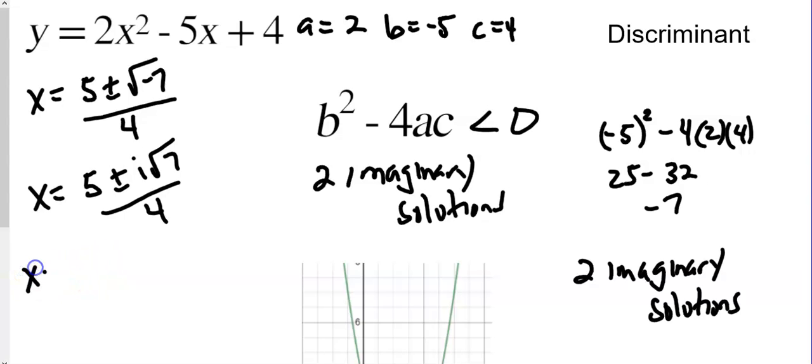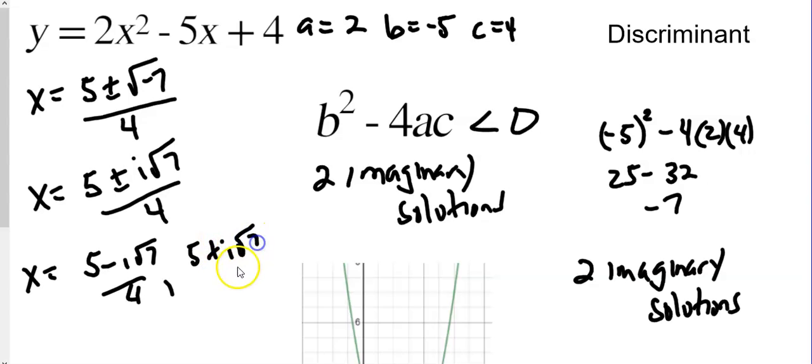And if you had to split your answer, 5 minus i square root of 7 over 4, and 5 plus i square root of 7 over 4. So anytime you have the imaginary number in your solution, you have your two imaginary solutions. They always come in pairs, never just one.